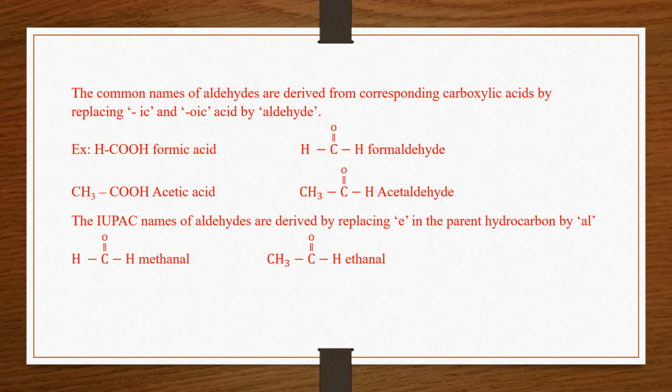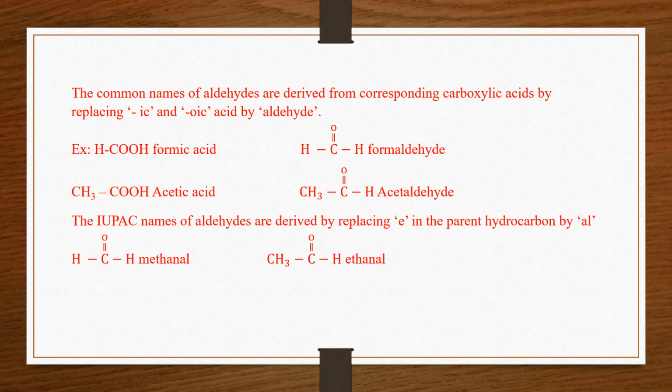Look at the example given below. HC double bond O H. We have learnt the common name of HC double bond O H is formaldehyde. It is derived from the corresponding carboxylic acid, formic acid. I think you have understood that. Now, how to write the IUPAC name of formaldehyde?